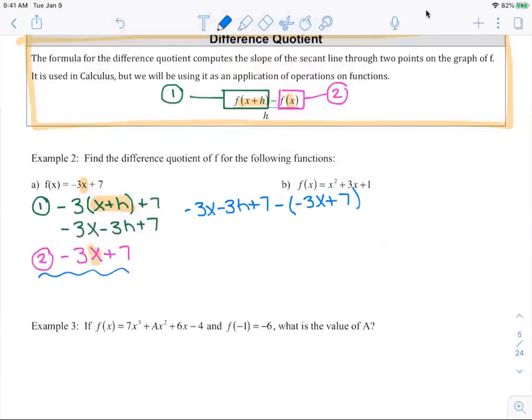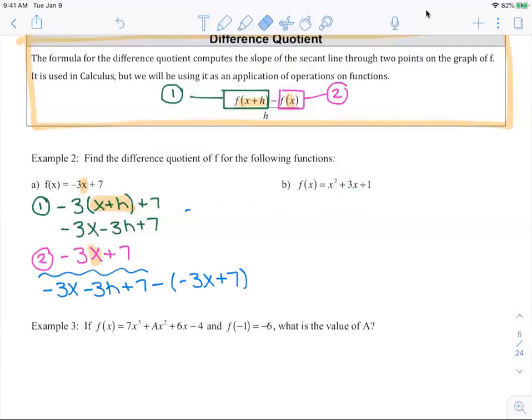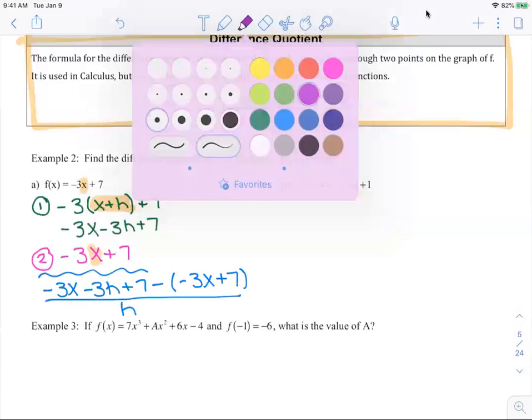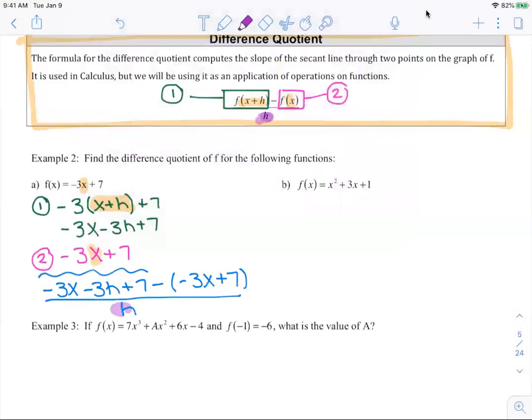So when we put it all together, we get -3x minus 3h plus 7 minus all of -3x plus 7. And then everything is being divided by h. Where did I get that h from? I didn't make it up. It's part of the equation here. It's divided by h, and we have the minus and the minus. So I just copied those things down. So I'm just doing this part by part.